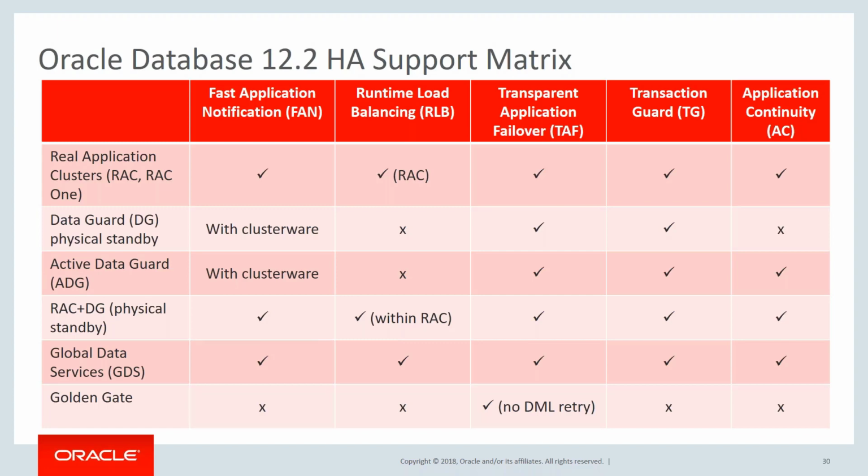As long as that's running and able to deliver the FAN messages to ODP.NET, that's fine, because CRS will look at this database, see that the single instance went down, and deliver a message to the ODP.NET connection pool alerting them that it went down. Obviously, the entity that goes down can't tell you that it went down because it's failed. But the CRS that's there can tell when the database has gone down because it's watching the database. So as long as you have that CRS with FAN running, watching that single instance database, you can use it.